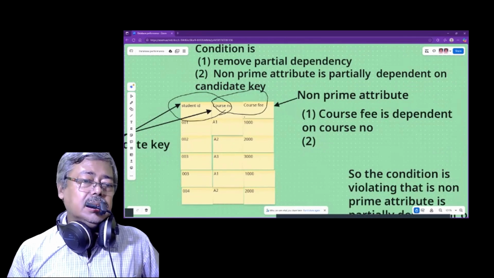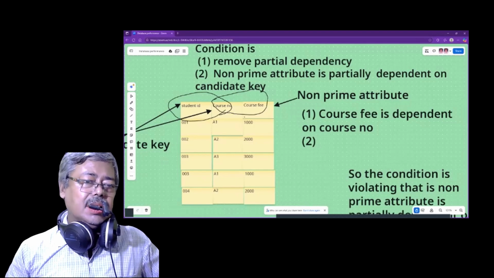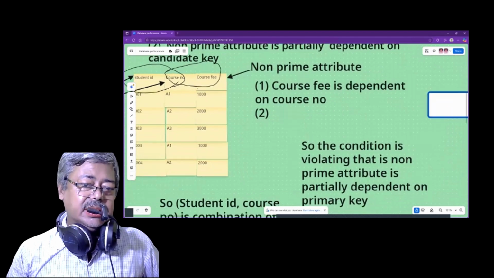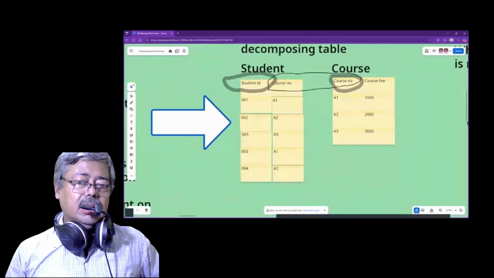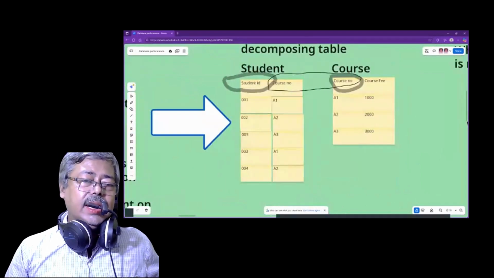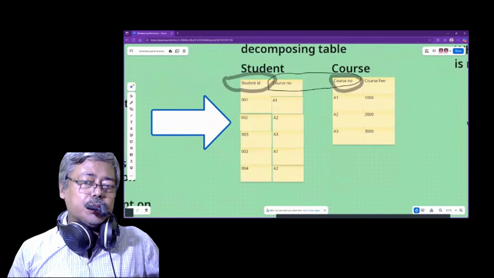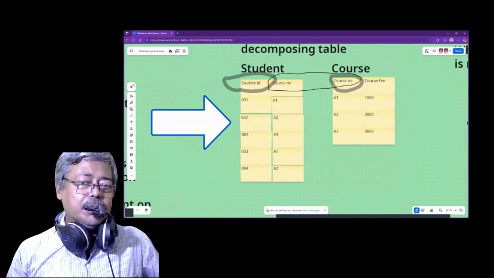So we have to remove the dependency, and shift this dependency onto the whole candidate key, not only a single part of the candidate key. After removing it, we get two tables; there is a decomposition of the table. One is the student table and another is the course table. The student table contains student ID, course number, and the other table, course, contains course number and course fee. So the table is decomposed into two separate tables.